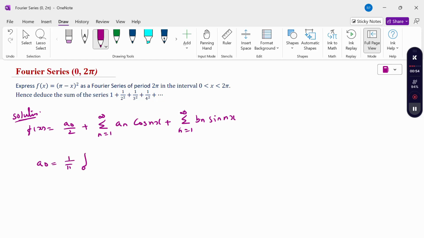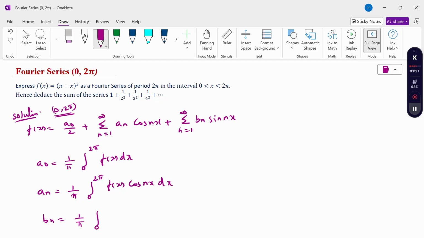So a naught is 1 by pi integral 0 to 2 pi f of x dx, because the interval is 0 to 2 pi. a n is 1 by pi integral 0 to 2 pi f of x cos nx dx, and b n is 1 by pi integral 0 to 2 pi f of x sin nx dx.